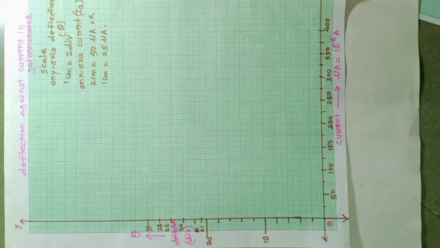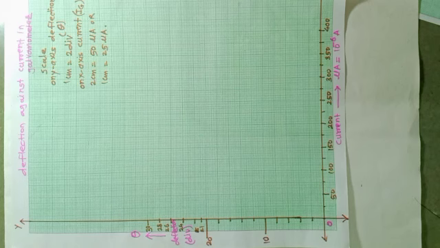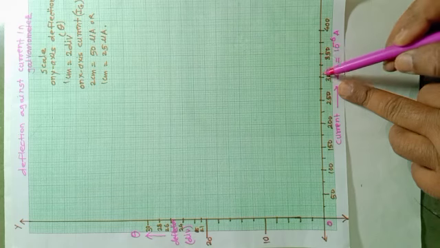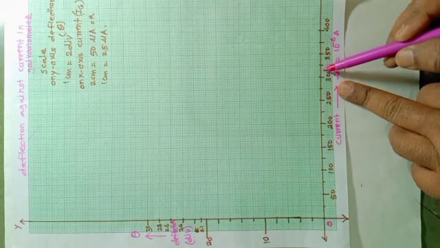See here, when we see the readings for the experiment, it will be 320. So here 300 and 350, there are 20 lines.